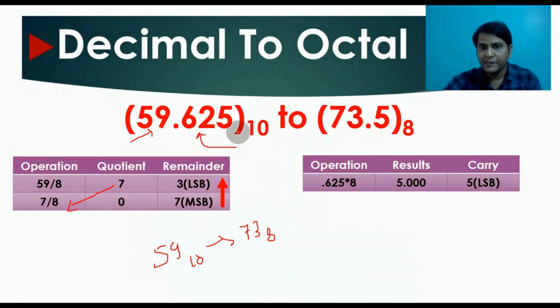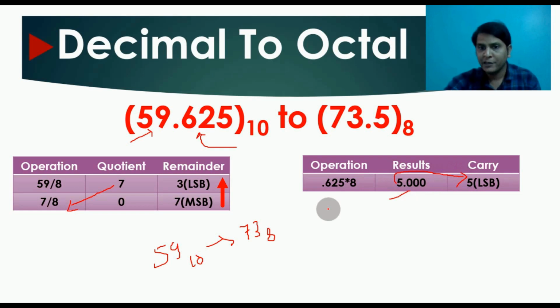If you multiply 0.625 by 8, here you perform multiplication, whereas for the integer part you performed division. 0.625 times 8 gives 5.000. Here you can see this 5 is the carry, so it goes here.